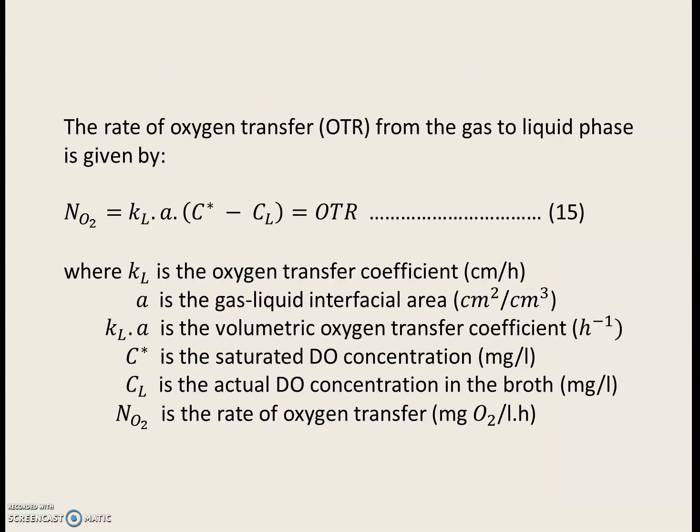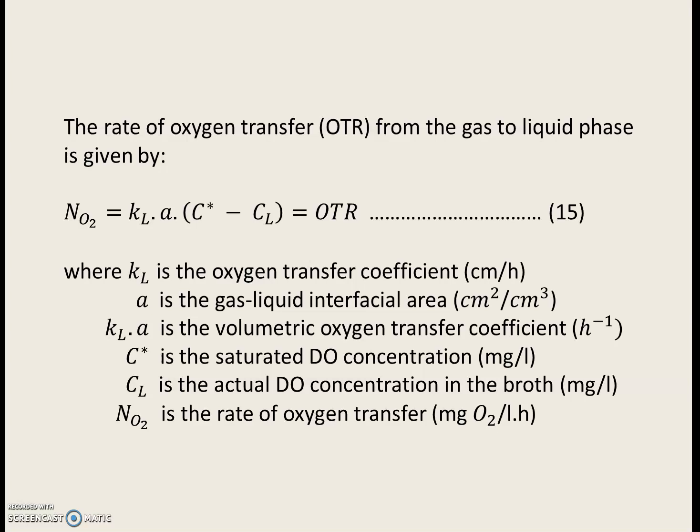The rate of oxygen transfer, also known as OTR, from the gas to liquid phase is given by NO2 equals KLA times C star minus CL. Or usually it is written as OTR equals KLA (C star minus CL). Where KL is the oxygen transfer coefficient and A is the gas-liquid interfacial area.